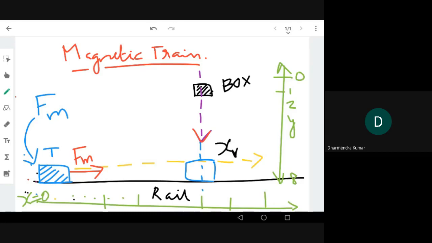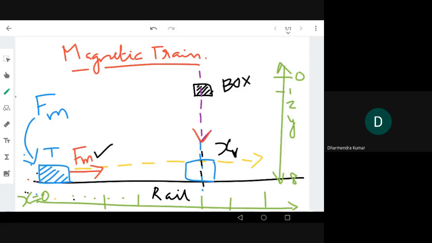If you reach the position xr, your box will not fall onto the rail or onto the ground, so your magnetic train can easily catch it. I think it is understandable. Now we have to design a controller. The input and output are defined. So your controller has to manipulate the physical quantity so that it gives output as the Fm.